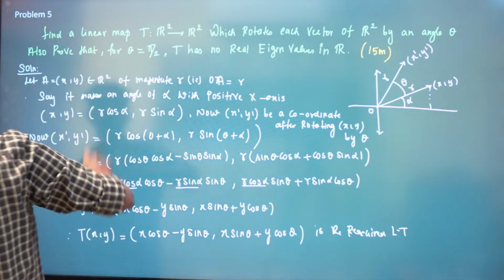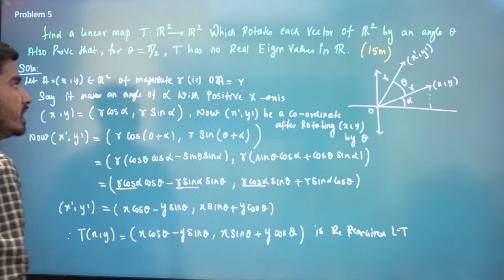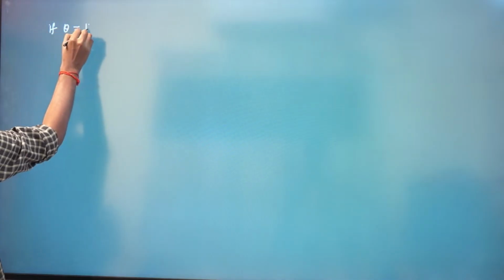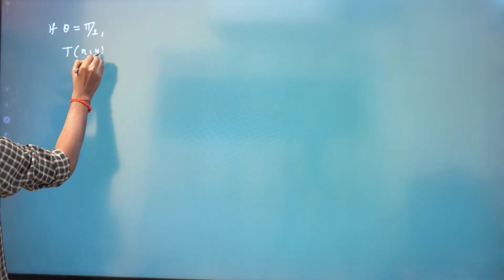Also prove that for theta equal to pi by 2, T has no real eigenvalue. Okay, if theta is equal to pi by 2, what is our T of x comma y?